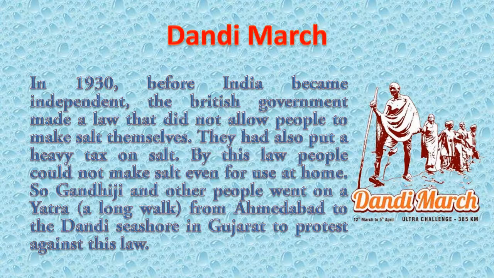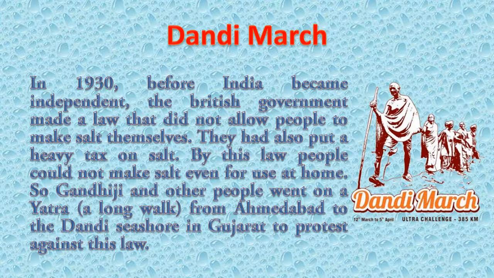We know that before our independence, we were ruled by the British government. They made a lot of laws to trouble our Indian farmers. In 1930, the British government made a law in which people were not allowed to make salt by themselves.